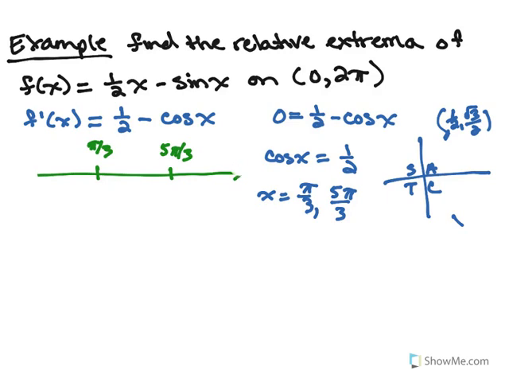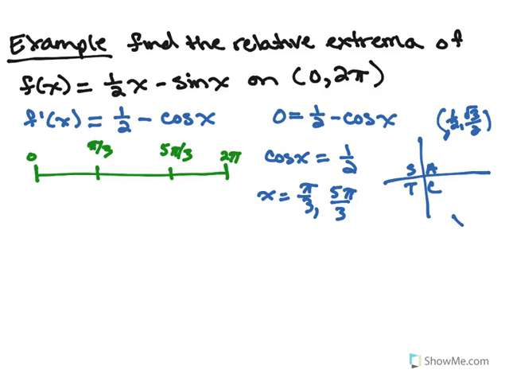Now, let's not have this number line go on forever because we're limited to 0 and 2 pi. And if those are endpoints, I don't want to use them as test points. So that's why I make a note of it. I want to pick my test points to be values in between my critical points and my endpoints.